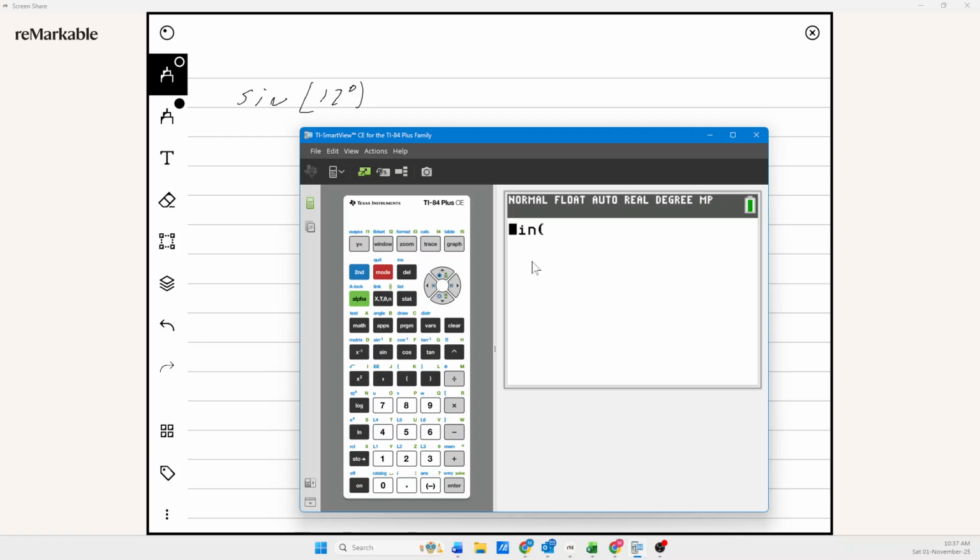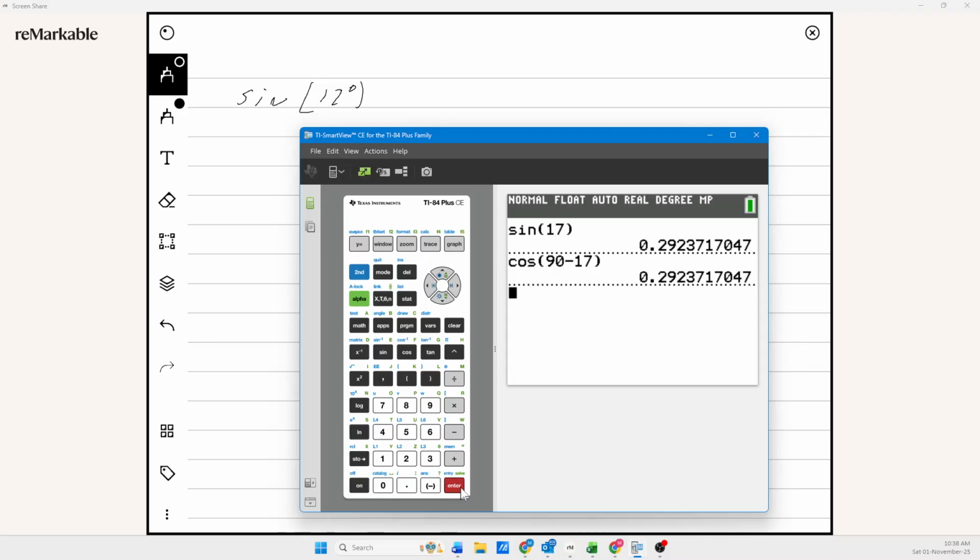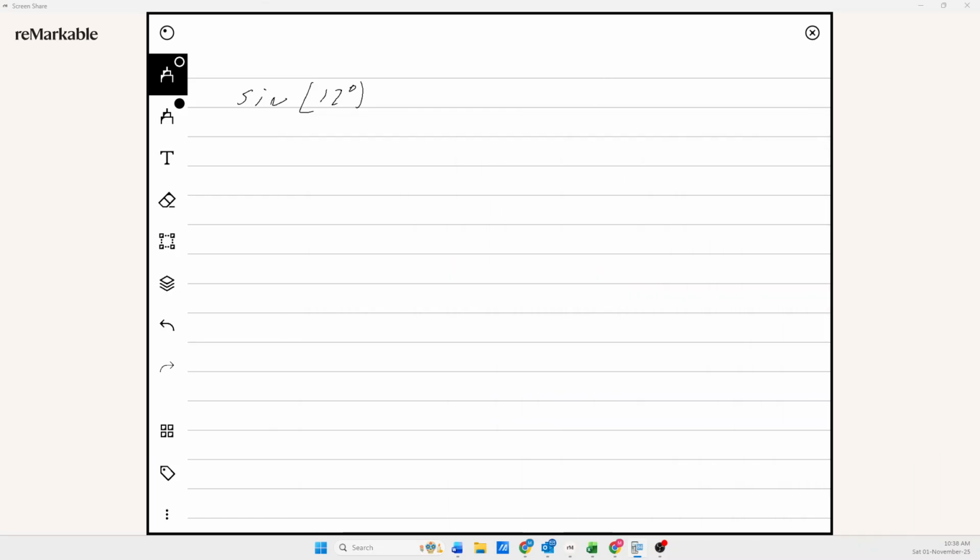So I want the sine of 17 degrees, and that's equal to 0.29. Now let's look at the cosine of 90 minus 17. And so we should get the same thing, and we do. So that works for all of those kinds of functions.